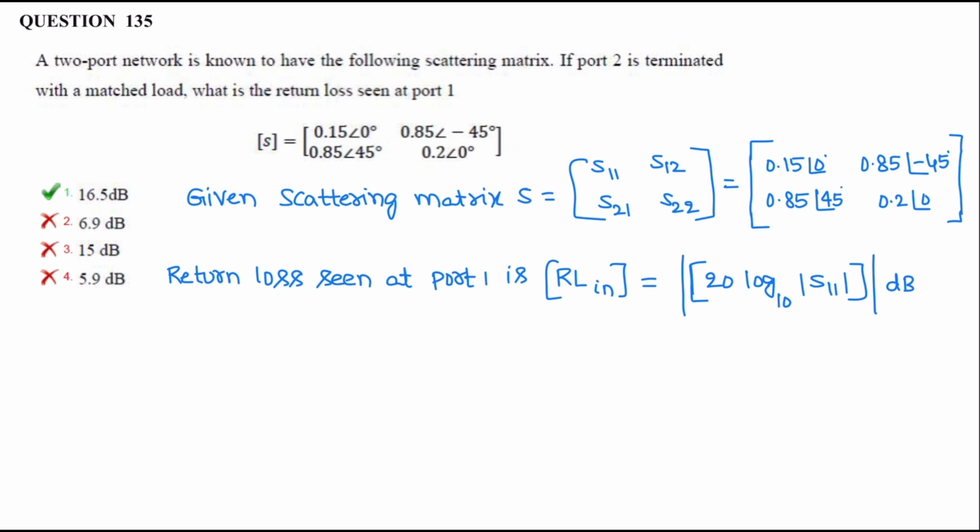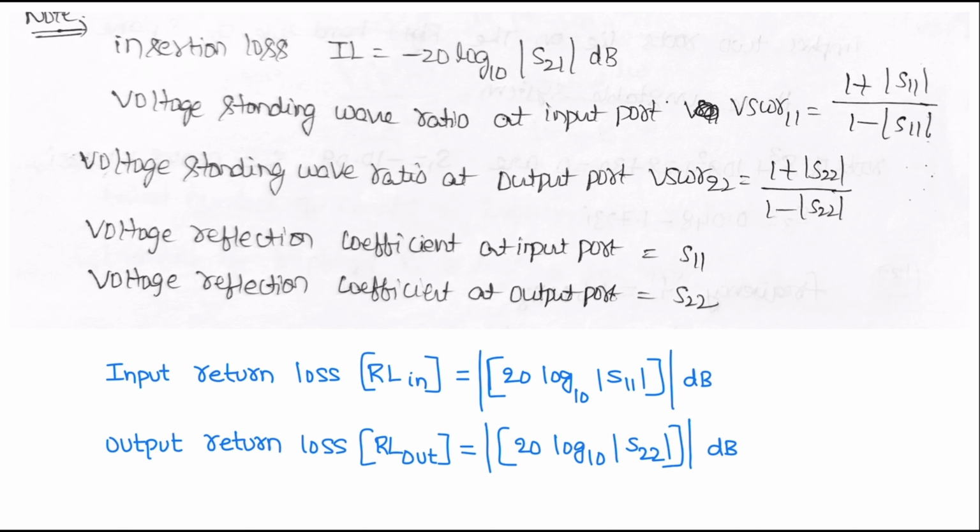A two-port network is known to have the following scattering matrix. If the port 2 is terminated with a matched load, then return loss seen at the port 1 is. These are the note points. We know that insertion loss IL is minus 20 log 10 S21, and voltage standing wave ratio at port 1 VSWR 1 is 1 plus modulus of S11 by 1 minus modulus of S11.